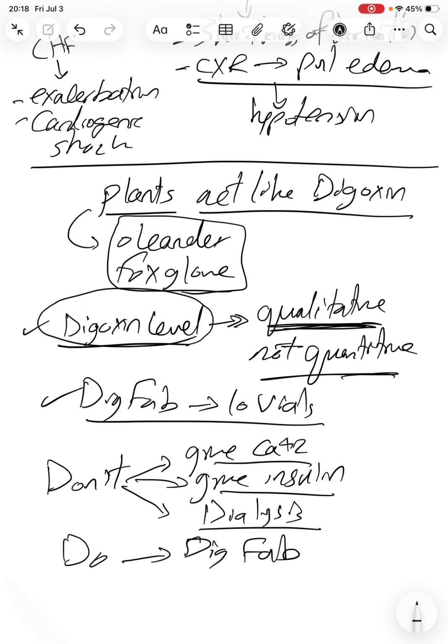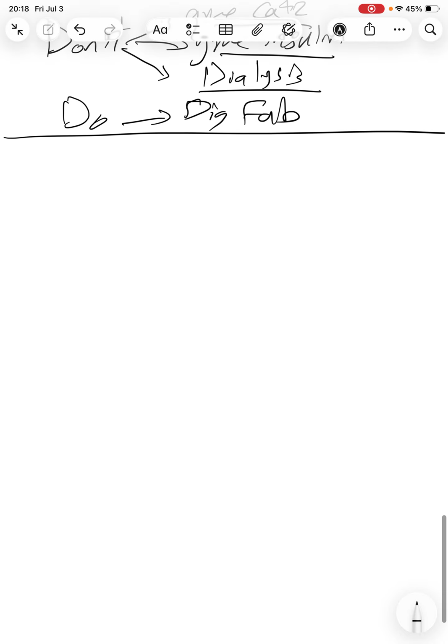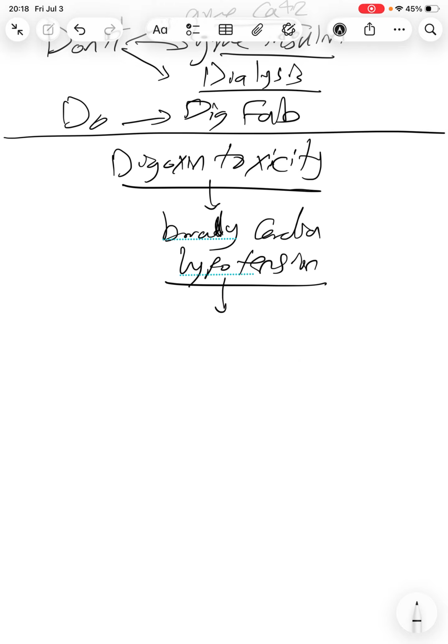Okay, we'll have another scenario. We have digoxin toxicity, and the patient, because of the digoxin toxicity, is having bradycardia and hypotension. We mentioned we can give Dig Fab to treat that.